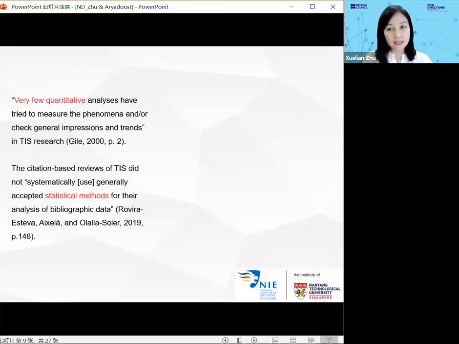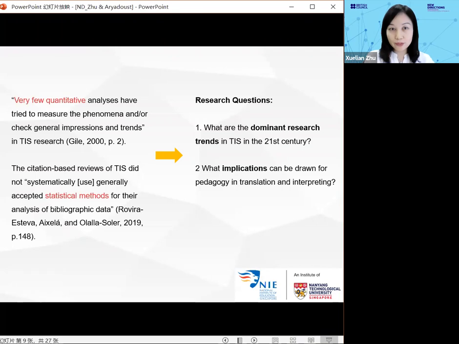Although these aforementioned studies have been very important in shaping our understanding of this knowledge domain in TS, the scope of investigation and research methods, as Dr. Vahid mentioned, can and should be enhanced. There have been always a calling for statistic methods engaging in the review. So we formulated the following two research questions. The first one is, what are the dominant research trends in TS in the 21st century?